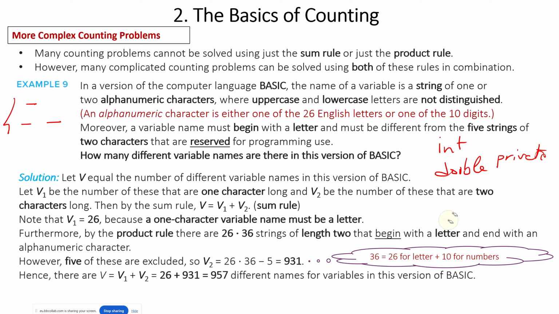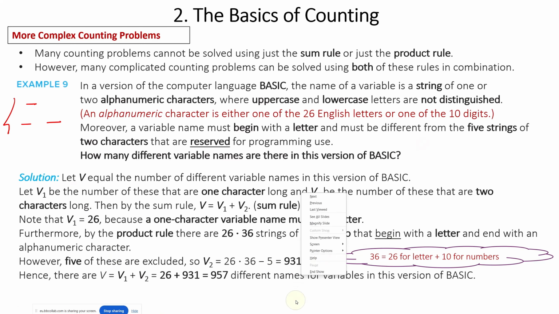Now imagine that in this imaginary BASIC programming language there are 5 keywords that have 2 characters, and these are reserved. So now I'd like to know how many different variable names there are in this version of BASIC.